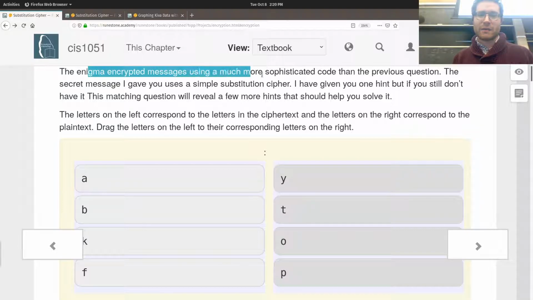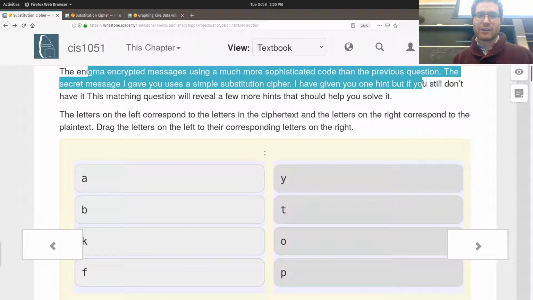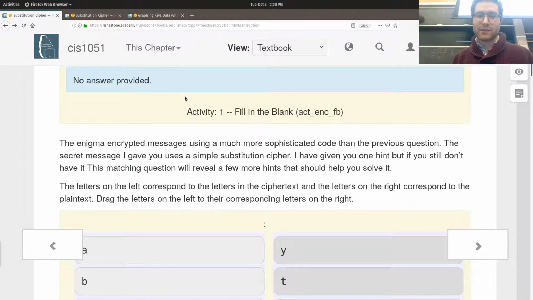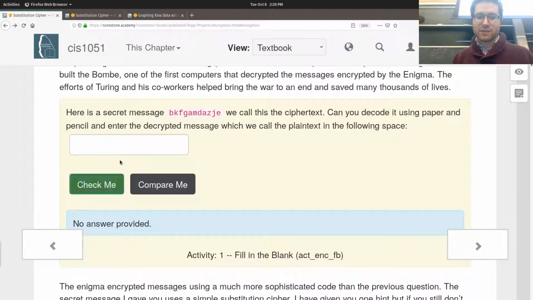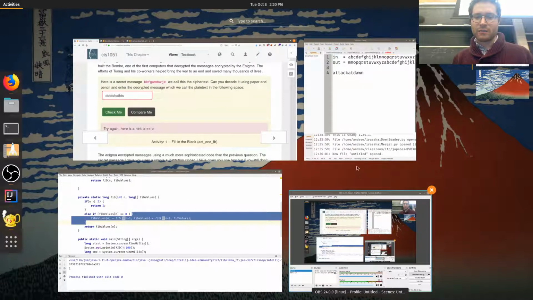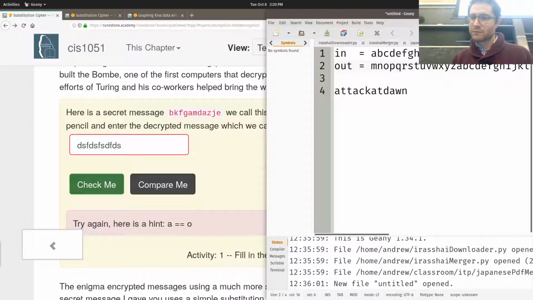So the encrypted Enigma is much more sophisticated than the previous question. The secret message has a simple substitution cipher, and I've given you one hint. Let's see, check me. I'll put something in. Try again. A equals O. A is O, so that seems to work out with our P going to B. Remember, we're going from out to in.